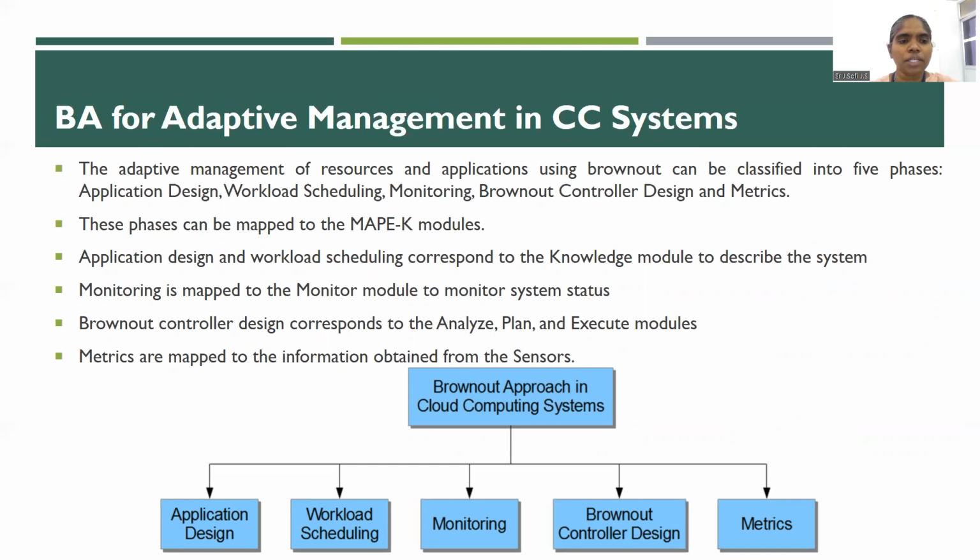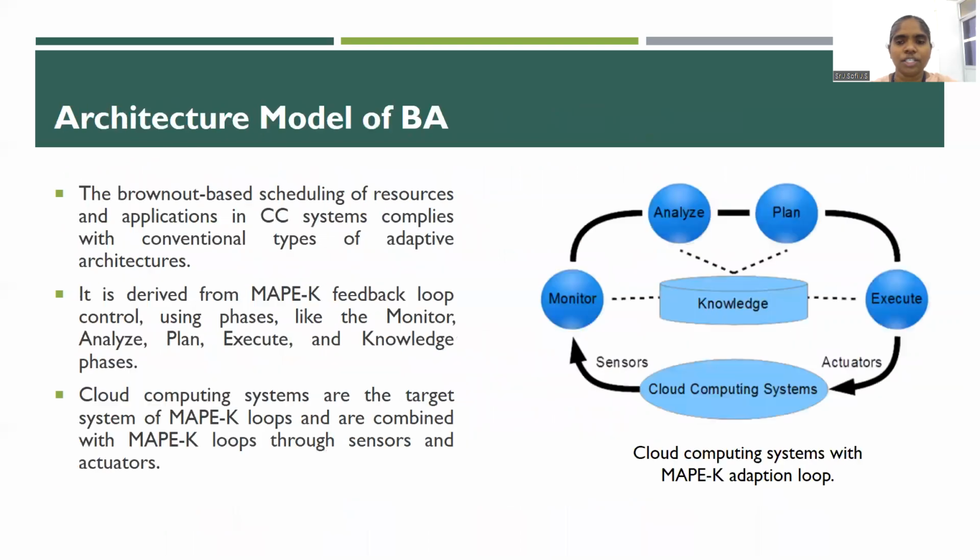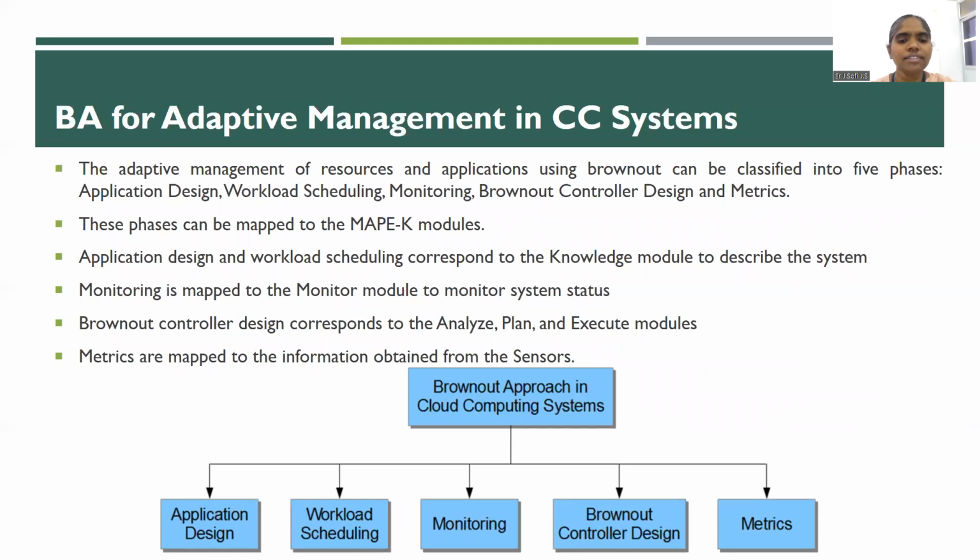Here, application design and workload scheduling are mapped with the knowledge module. In that, we have seen now. Monitoring is mapped with the monitor module in the MAPEK loop to monitor the system status. Brownout controller design is mapped with the analyze, plan, and execute modules. And metrics are mapped to the information obtained from the sensors.